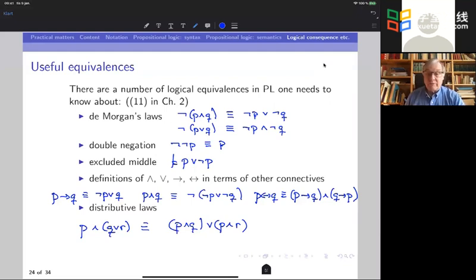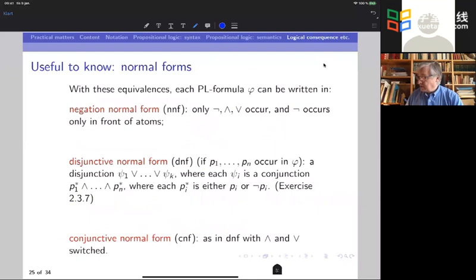And when you have them, there are a number of things you can do to simplify, or maybe not simplify, but organize formulas in propositional logic by writing them in a particular format. So here are three formats which are sometimes very useful.